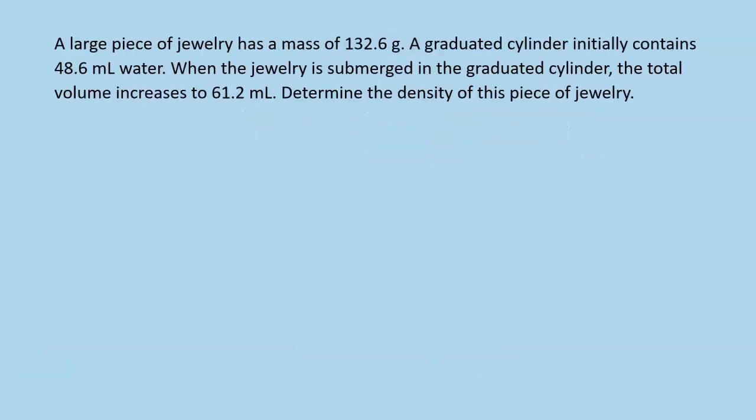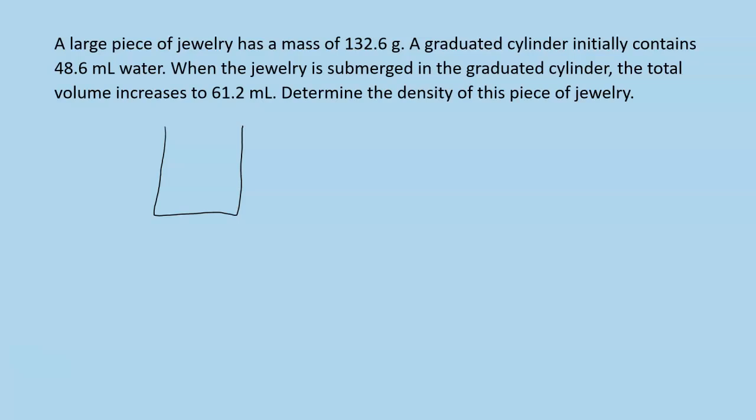The next example, we've got a large piece of jewelry that has a mass of 132.6 grams. A graduated cylinder initially contains 48.6 milliliters of water. When the jewelry is submerged in the graduated cylinder, the total volume increases to 61.2 milliliters. Sometimes it can help to draw a picture where we have this container.